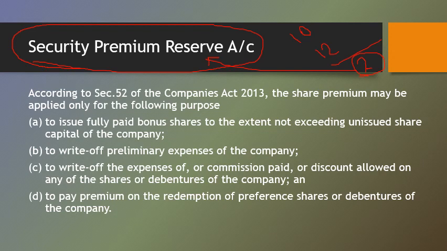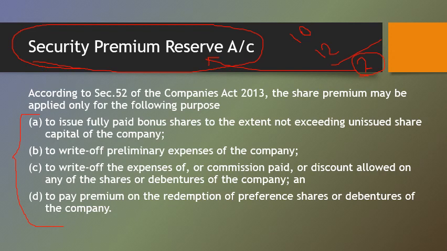According to section 52 of the Companies Act 2013, the share premium may be applied only for the following purposes. This premium amount can be utilized for any of these four purposes. A company cannot utilize this rupees 2 except for these four purposes.